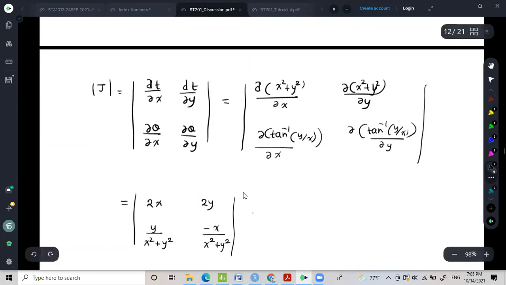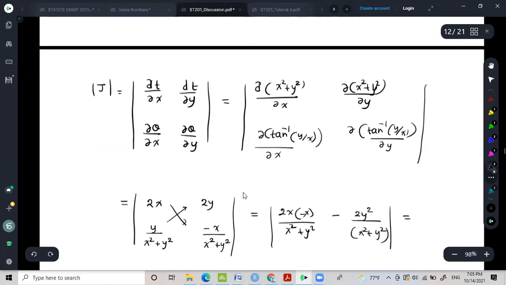Okay, so if you do this, what is the answer? You get 2x times negative y over x square plus y square, minus 2y times x over x square plus y square.